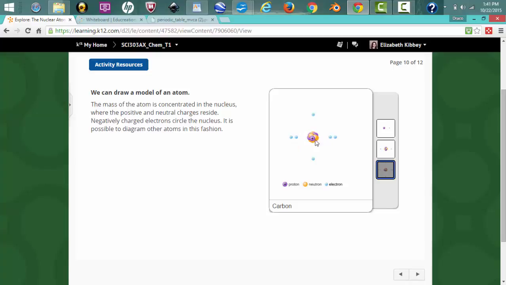Going on a random guess, since there are 6 electrons, I'm going to say there are probably 6 protons as well. And as for neutrons, there could be 5, there could be 6, there could be 7. I don't remember off the top of my head.